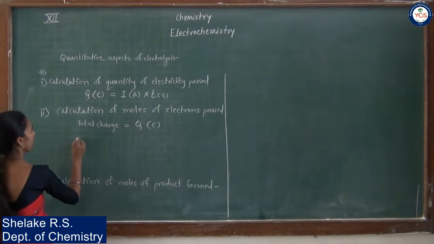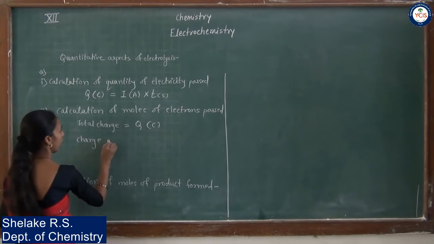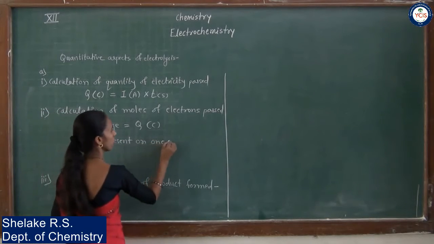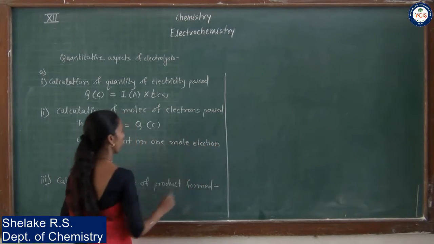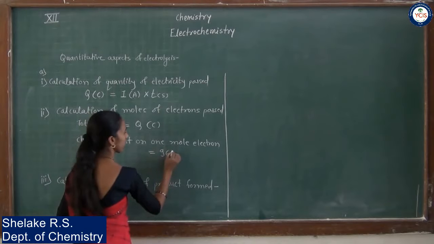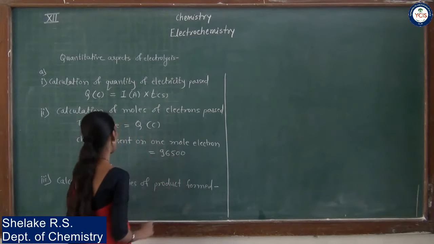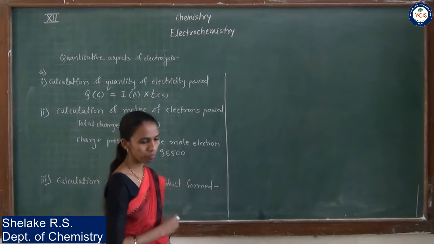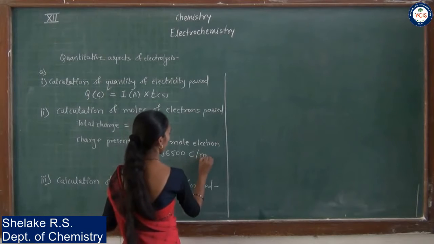Now, the charge present on 1 mole of electrons is 96,500, and this is taken in coulomb per mole.